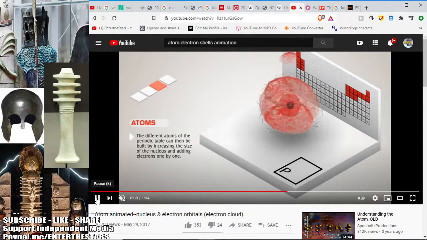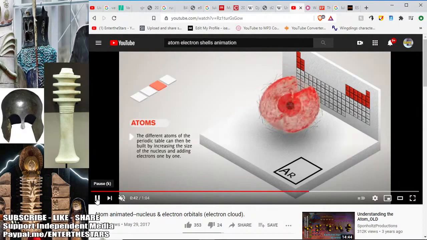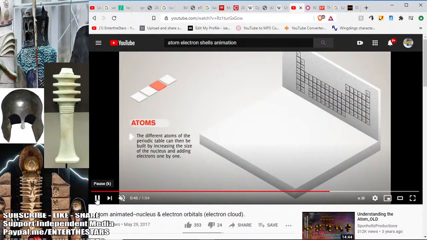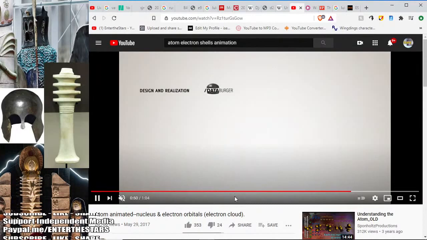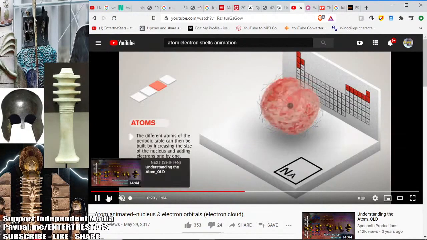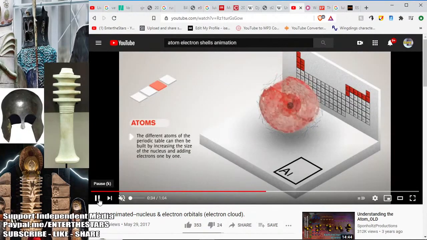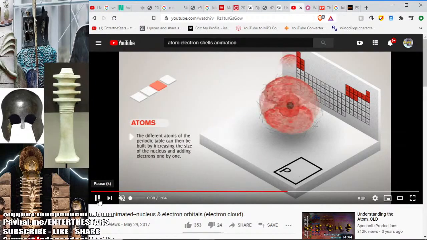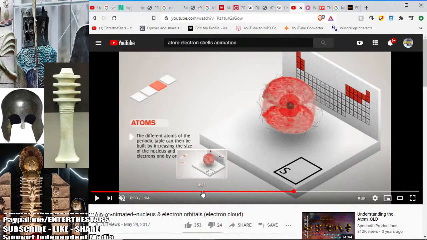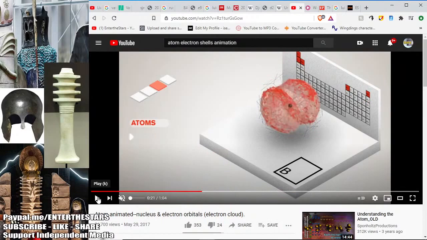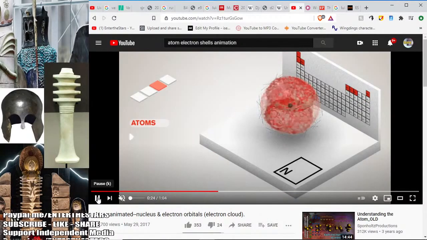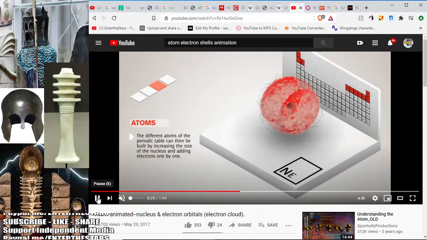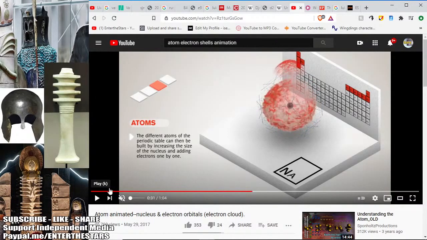So as you can see, there's really no difference between the elements other than their structure, how many shells and electrons are rotating. And that's pretty amazing. We included that graphic in one of our videos showing how this works. But they just keep dropping them down on top of each other.